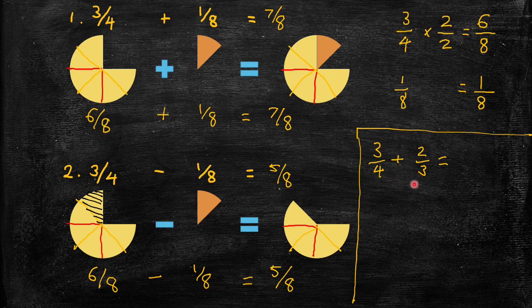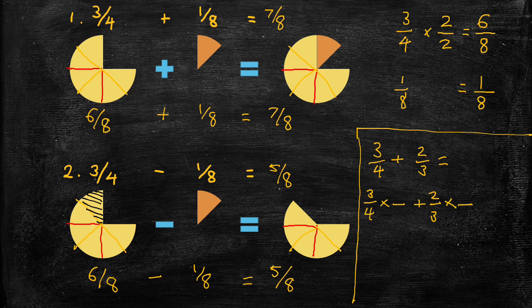Well, the common denominator for 4 and 3 is 12. So I have to multiply each of my fractions by a fraction equivalent to 1 so that I can re-express the fractions using the common denominator of 12.